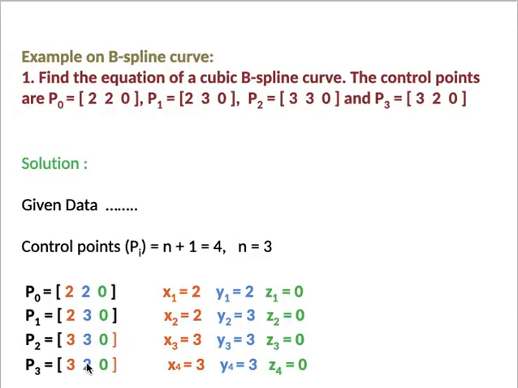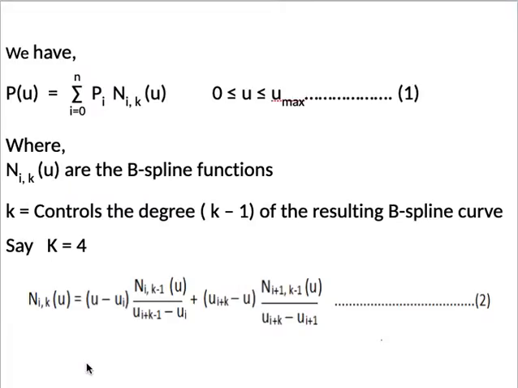Now we have the B-spline equation: P of u equals the summation for i equal to 0 to n of Bi Ni,k of u, where u lies between 0 and u max, and Ni,k of u are the B-spline functions.